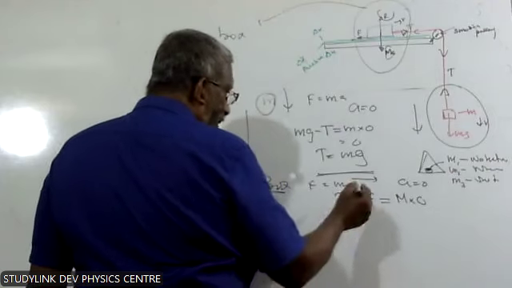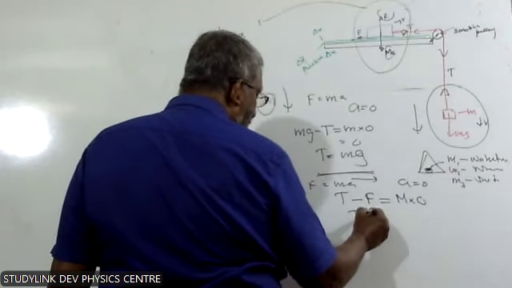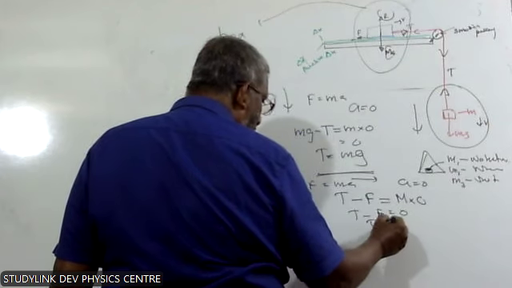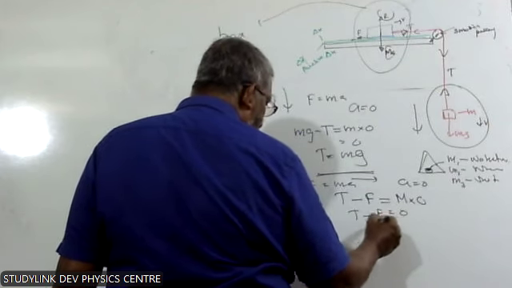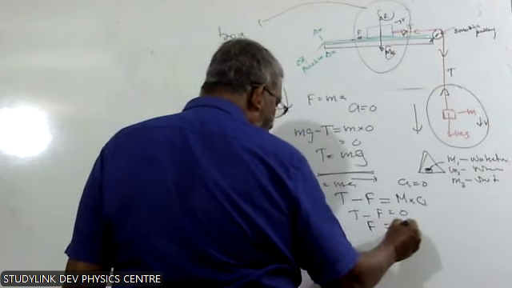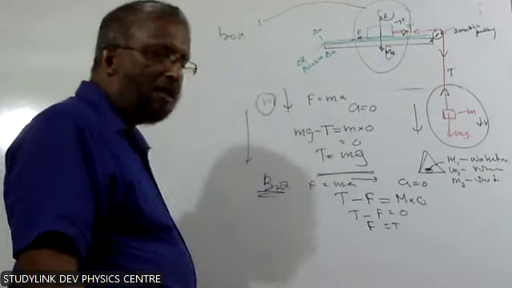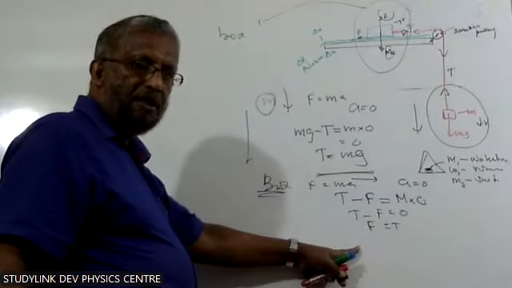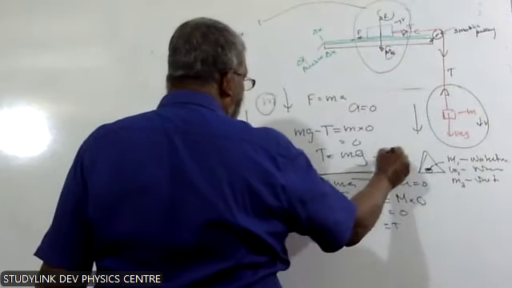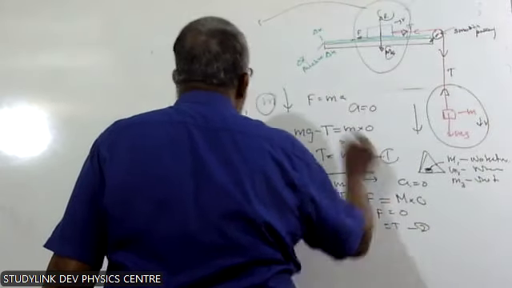Therefore, T minus F is equal to 0. That means T is equal to F, or F is equal to T. So F is equal to T, that means the viscous force is T. This is the first equation, this is the second one.